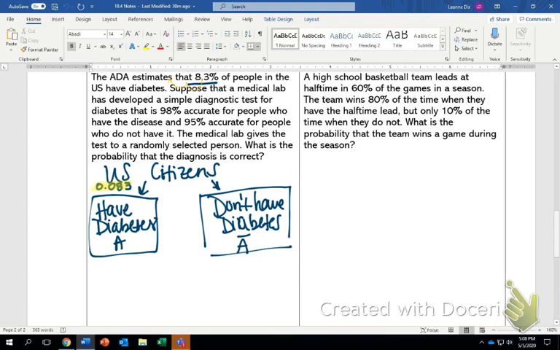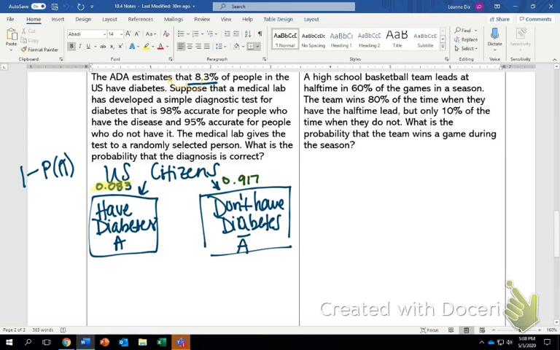If I wanted to, I could figure out the probability of people who don't have diabetes. Remember, the complement is just 1 minus our probability, so 1 minus 0.083 is equal to 0.917.